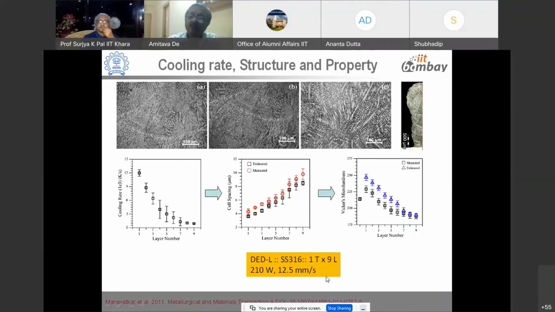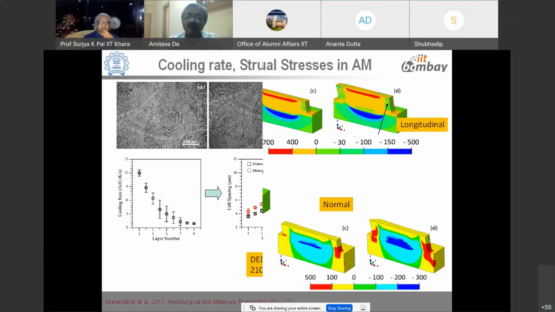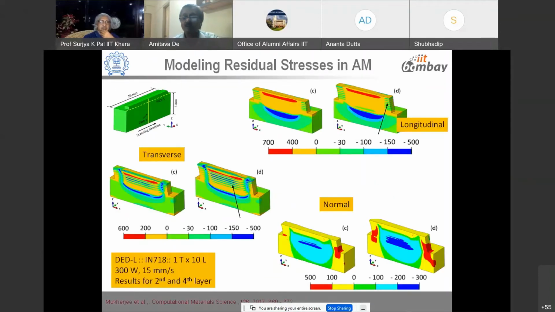But remember, all this is for a single line build of some 7 or 9 layers. The more we increase the size, the more difficult it is to encompass such models.